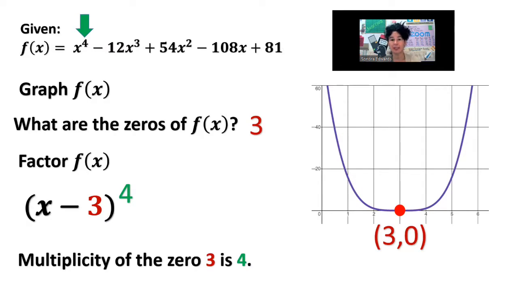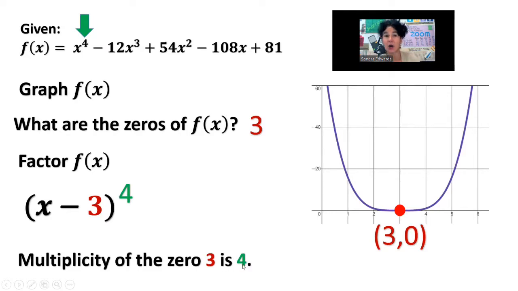So multiplicity is how many times you see that factor that leads to an x-intercept, in this case, of 3. So x minus 3 shows up as a factor 4 separate times. And so that means that this 0, which is 3, has a multiplicity of 4.